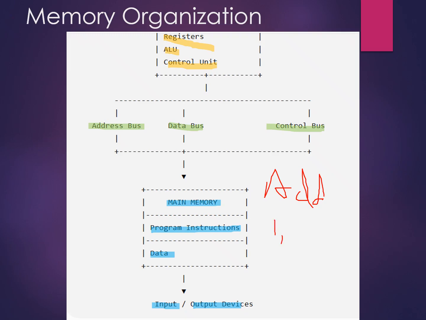The processor reads both the operands directly from the memory and then stores the result back. That is what happens in the memory to memory operation of organization.